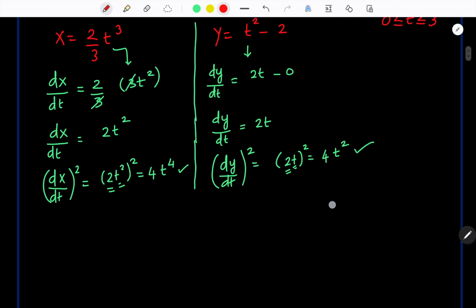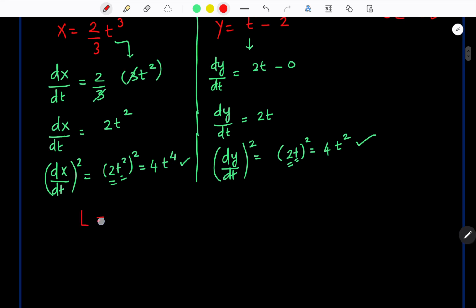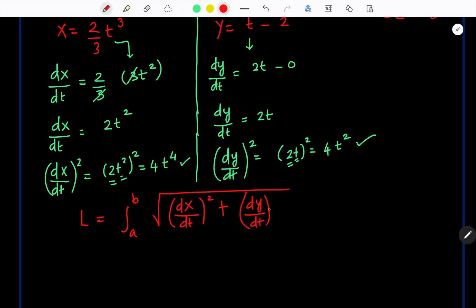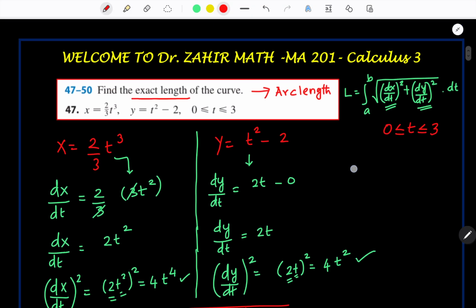Now next we need to go to the formula. So L is equal to the integral from a to b of the square root of (dx/dt)² plus (dy/dt)². The limits are already given in the question.